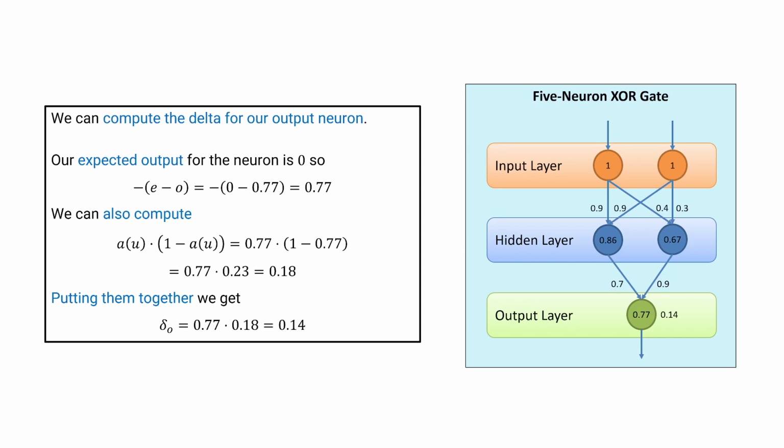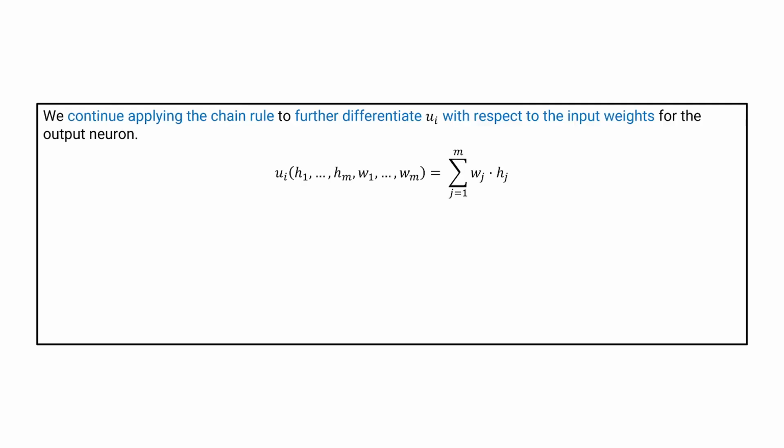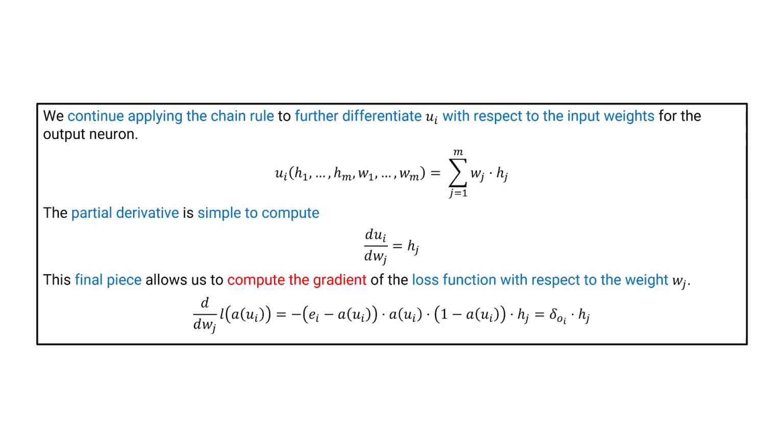So if we want to apply the delta rule in the output neuron to determine the contribution that each weight made, we just need to push that derivative one step further by differentiating the last component, which was the u that we were using as our substitution, relative to the weight in question. And let's, again, maybe just pick one of our weights arbitrarily here. I'm going to call it weight j.